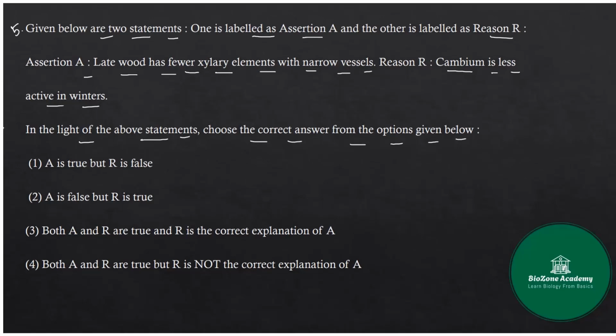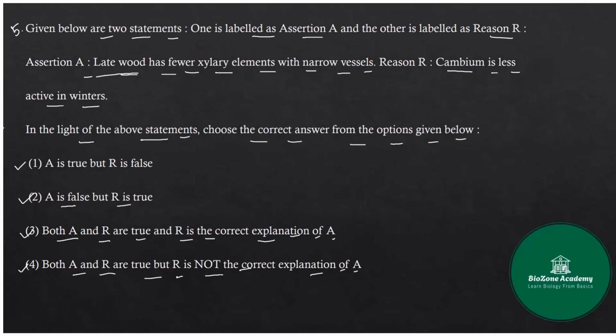Option 1, A is true and reason is false. Option 2, assertion is false but reason is true. Option 3, both assertion and reason are true and reason is the correct explanation of assertion. And the fourth is both assertion and reason are true but reason is not the correct explanation of assertion.